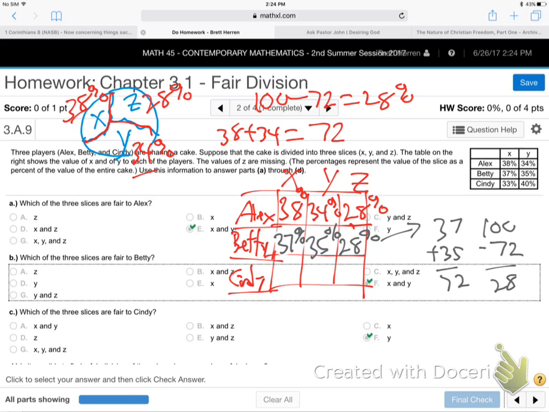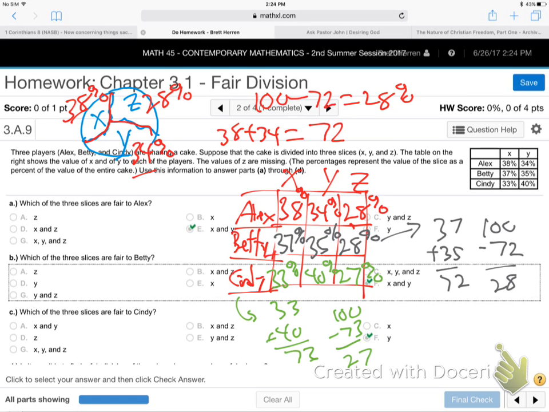And then finally, we've got Cindy. Cindy, what does she say? 33 and 40. 73, 100 minus 73, what's that, 27? So Cindy thinks 27%, because the other two are 33 and 40. Good so far? So we were able to figure out the value of piece Z for each of the three, because they added to be 100%. Okay, so that's how they feel.